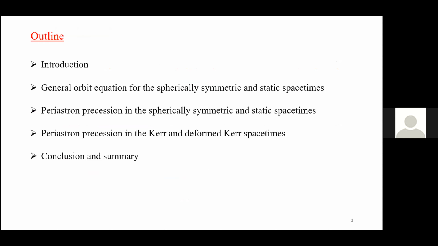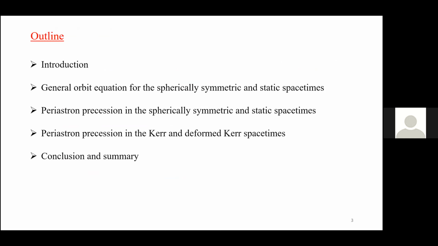To begin with the introduction, I will talk about the possible causal structure or space-time geometry to describe the galactic center and its dynamics. Then I will discuss the derivation of the general orbit equation for spherically symmetric and static spacetime.